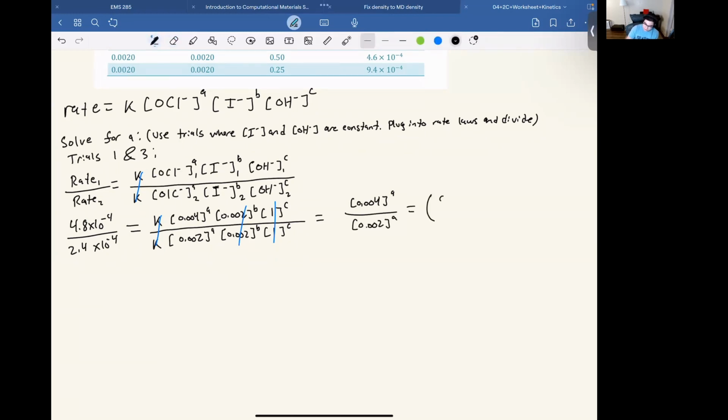This is the same as 0.004 over 0.002, all to the A, right? That's just a rule of exponents. Same exponent on the top and the bottom, I can pull it out, removing it from the top and the bottom. And this is 2 to the A.